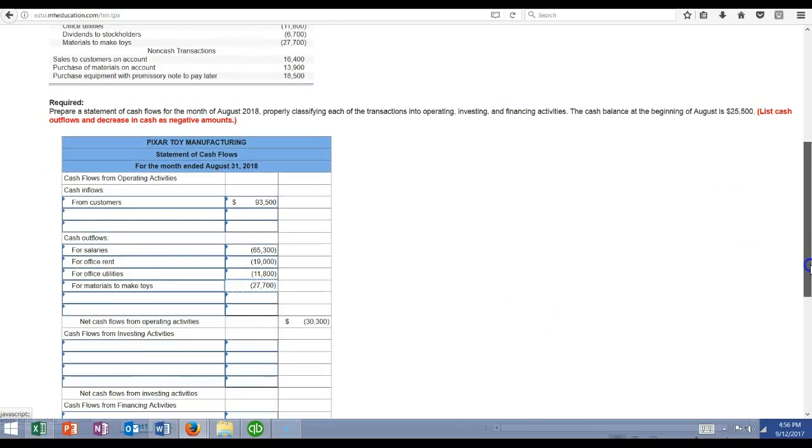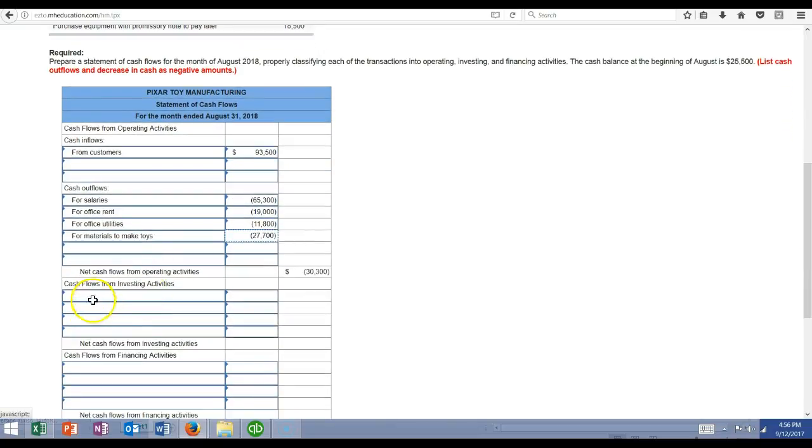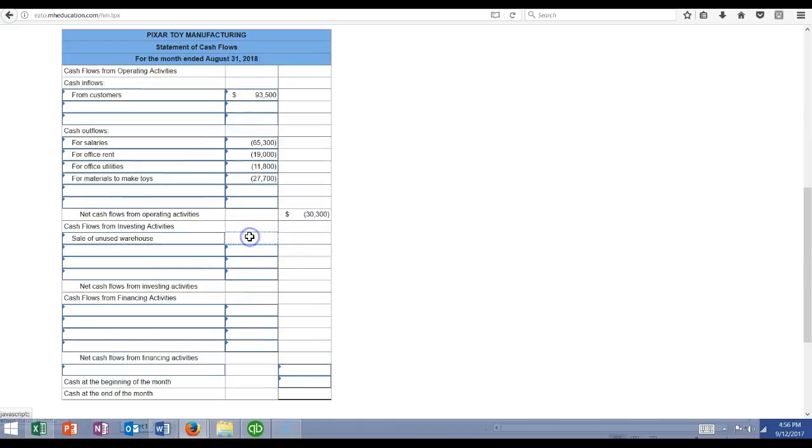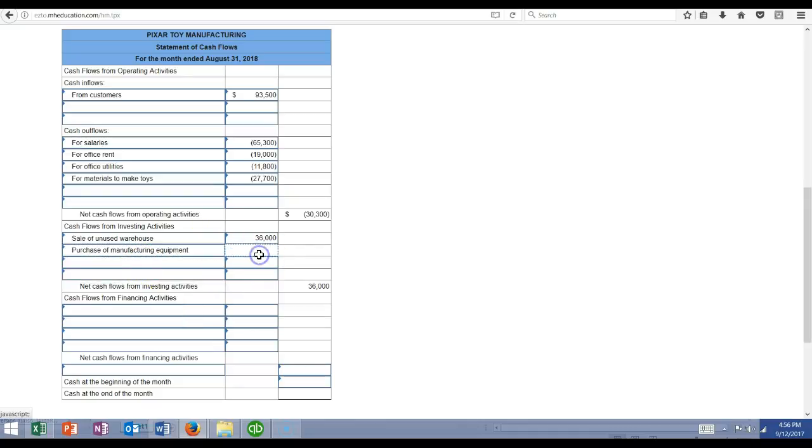The next is cash flows from investing activities. The sale of the unused warehouse is definitely a cash inflow, and the manufacturing equipment is definitely a cash outflow. So investing: warehouse, I believe it's $36,000, and then manufacturing equipment, minus $46,000.